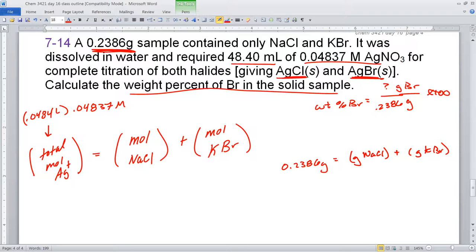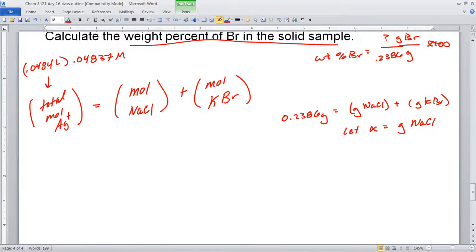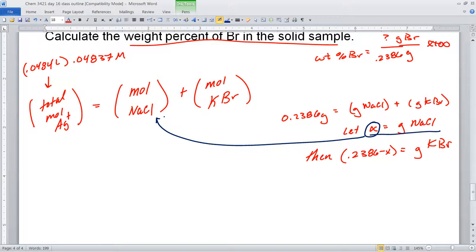Well, what we can do is just say, let X be the grams of NaCl. Then 0.2386 minus X would be the grams of KBr. Since X is the grams of sodium chloride, let's convert this X to moles of sodium chloride, and we'd have that number that goes right there.